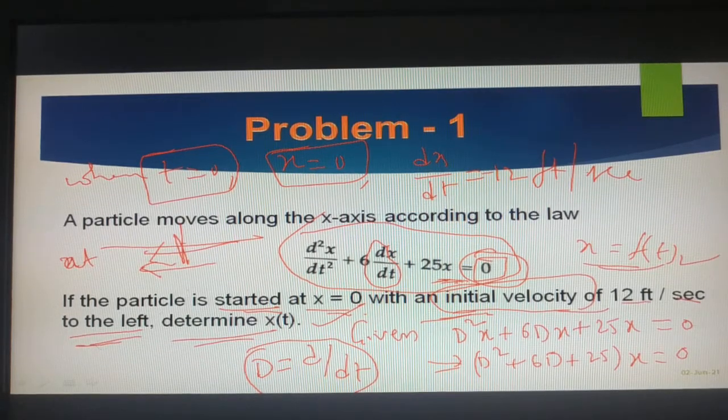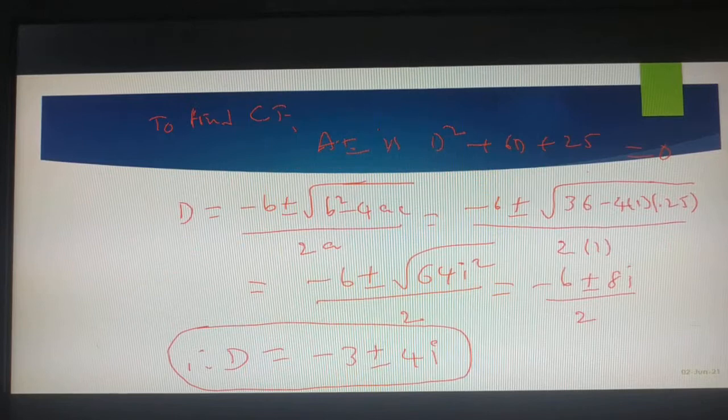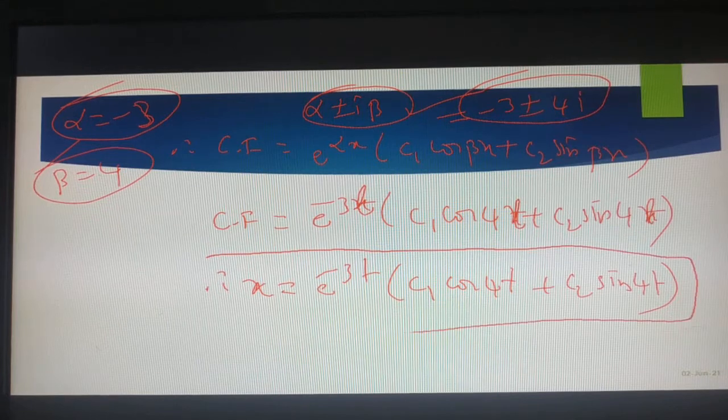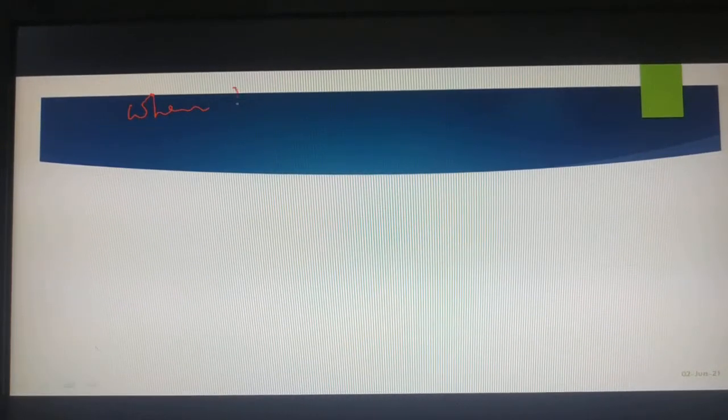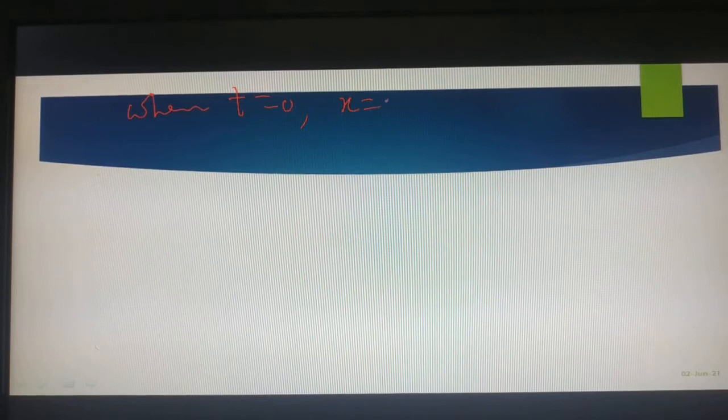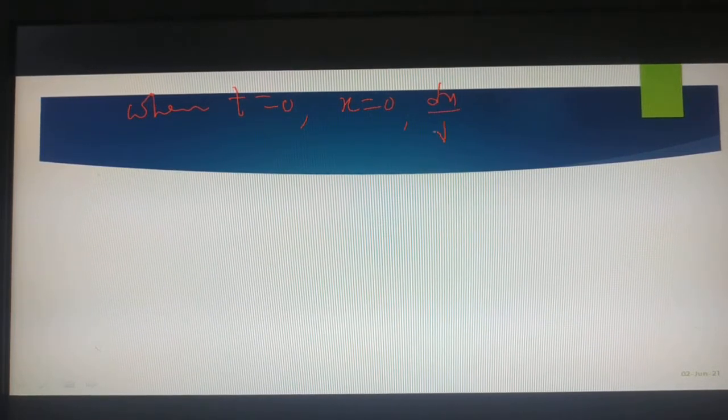So what I'm trying to tell you in this problem: once you got the result, now we have to apply your initial conditions. Initial conditions means when t is equal to 0, they are given x equal to 0, and dx by dt is minus 12.